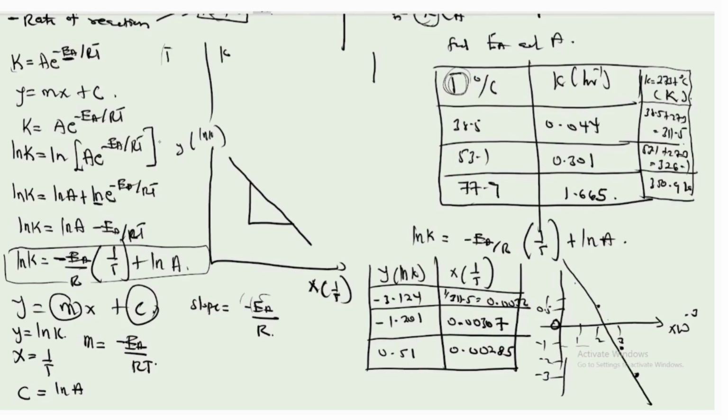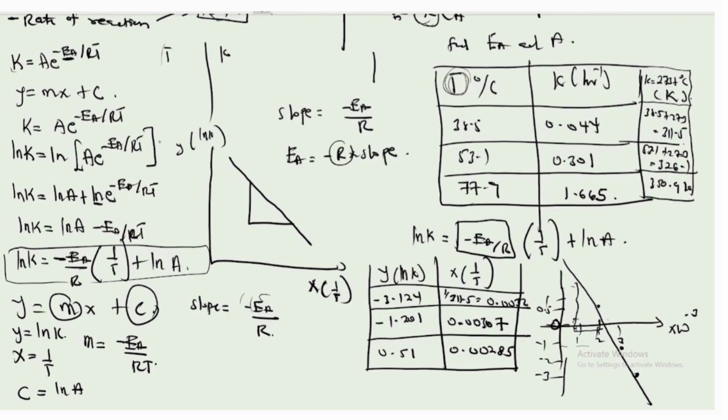And then we can find our slope. We can see that our slope that we plotted would be equal to negative Ea over R, because this term is our slope. So our Ea becomes negative R times the slope.